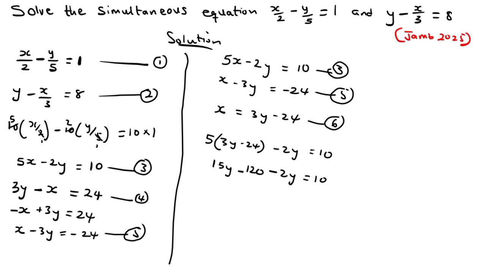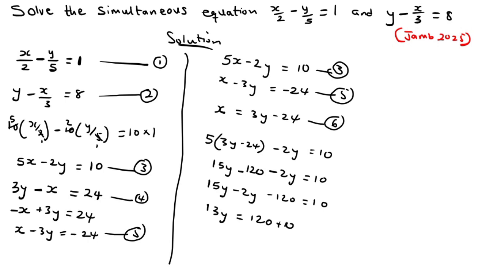So when you collect the like terms, you have 15y minus 2y minus 120 equals 10. Okay, so let me take the numbers to the other side. So 15y minus 2y will give us 13y, then equal to 120 plus 10.